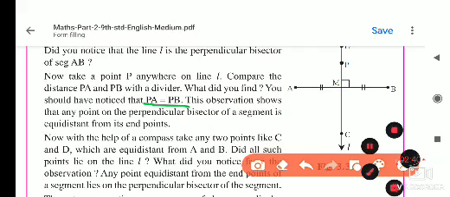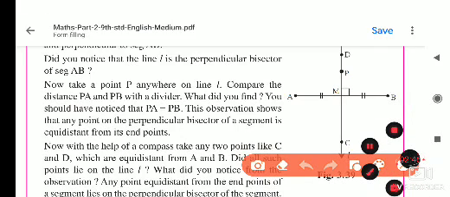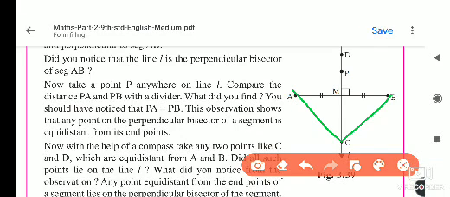This observation shows that for any point on the perpendicular bisector, you can take any point anywhere. If you join C and A, this AC and CB, here also AC is equal to CB. Anywhere you take a point, if you join AD and DB, then AD is equal to DB. AP joined with PB, AP is equal to PB.